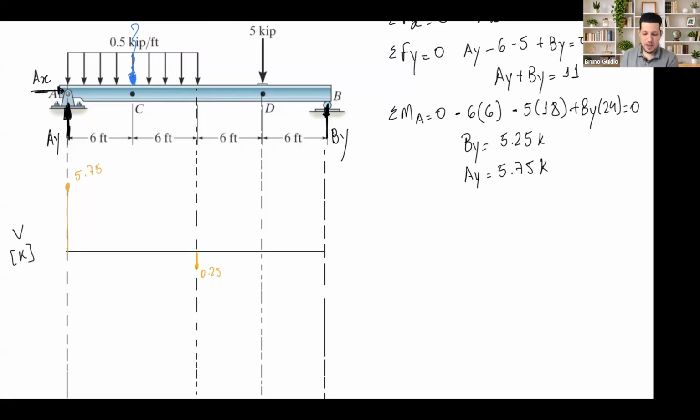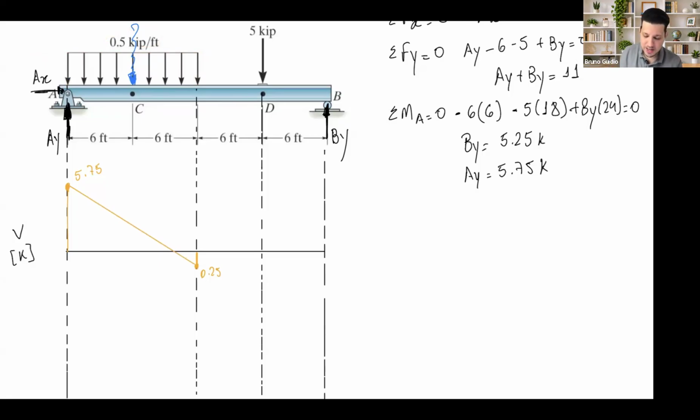Because this load is uniform, 0.5 kips per foot, think about this: a uniform load gives a constant slope in the shear.